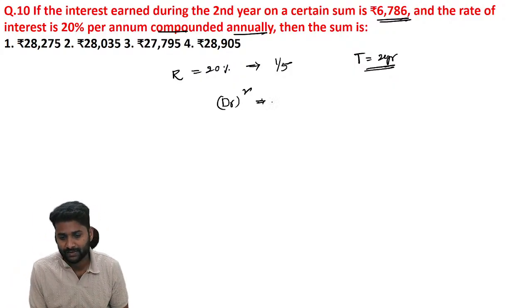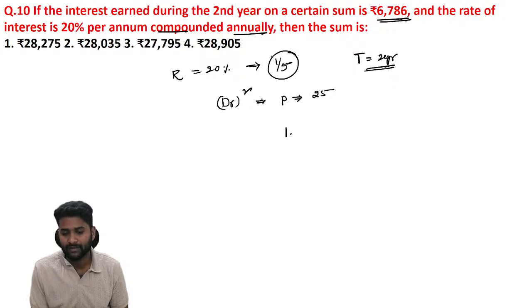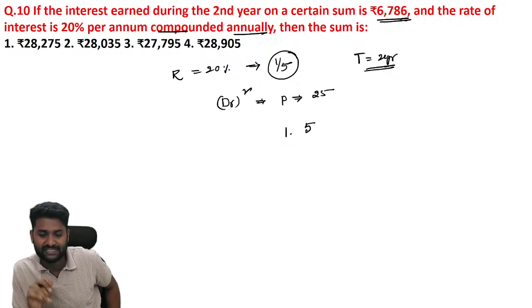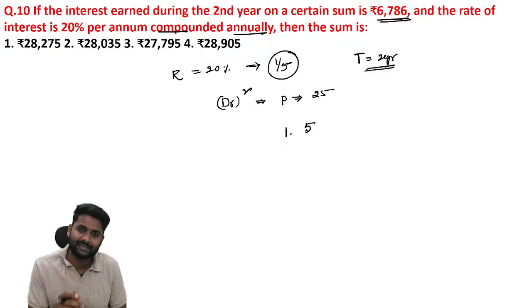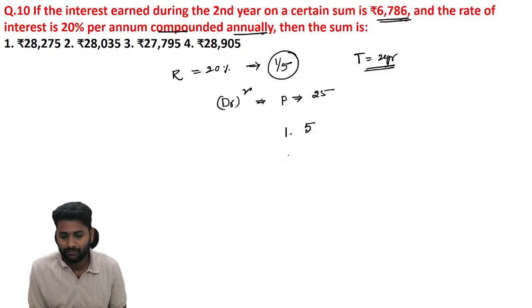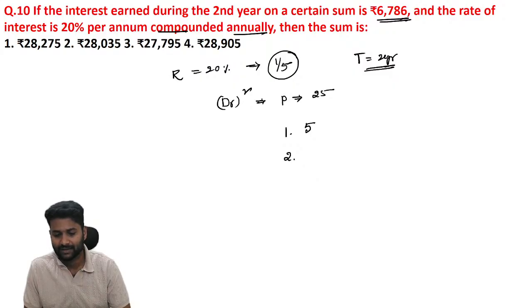Let us assume that the principal amount is 25 units. See how much interest they have to pay: 1 by 5th every time. 1/5 of 25, they have to pay 5 units for the first year. And you already know that for 1 year, simple interest and compound interest are exactly the same. But you can find the difference from the second year onwards.